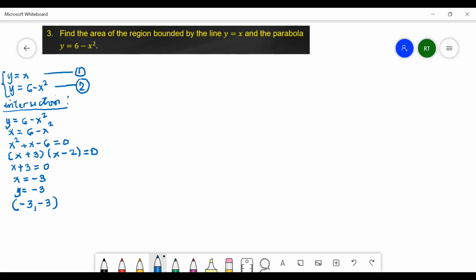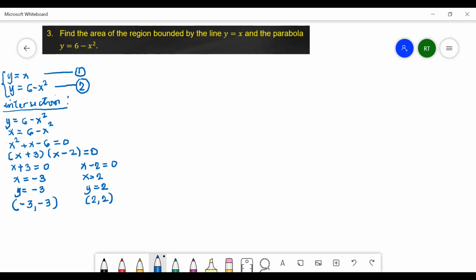On the other hand, if we equate the other factor, x minus 2, to 0, this gives us x is equal to 2. And since y is equal to x, y is also equal to 2. So we have another point of intersection at 2, 2.